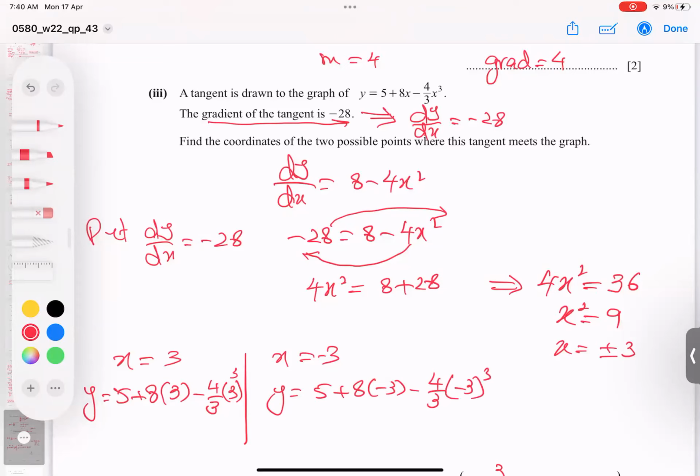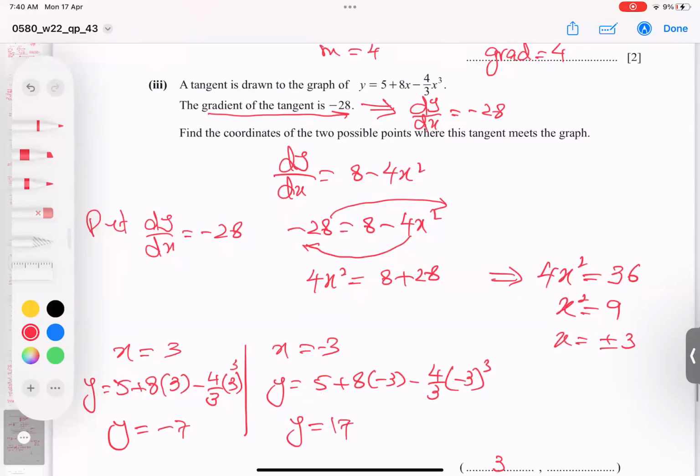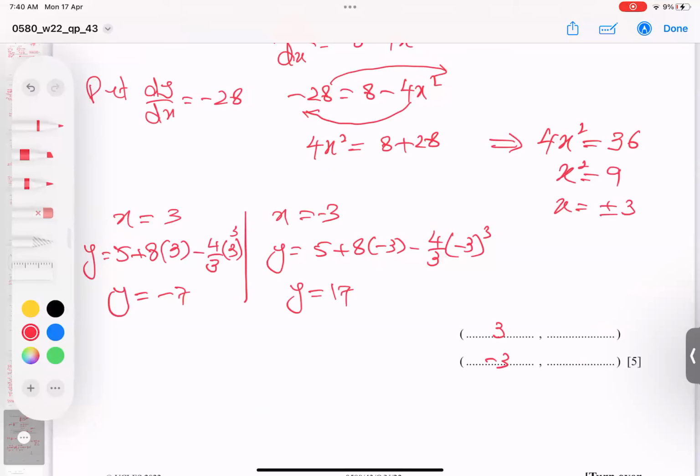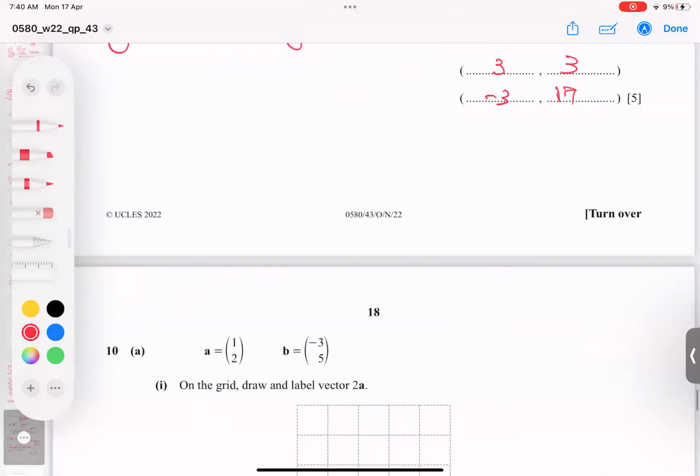When I type it in the calculator with a positive 3, I am getting negative 7. With a negative 3, I am getting 17. So here I'm getting 17, and here I'm getting negative 7. I hope the point is very clear.